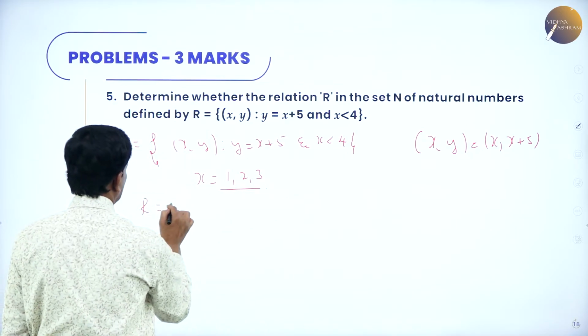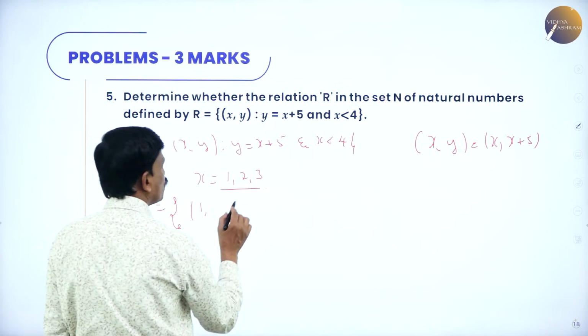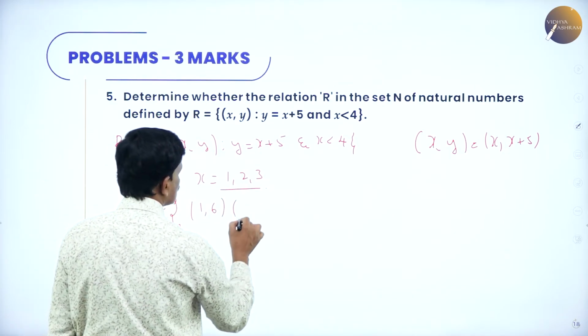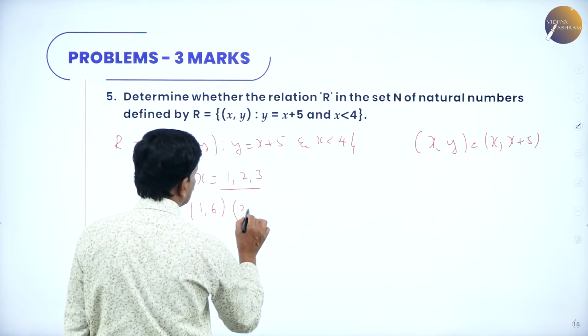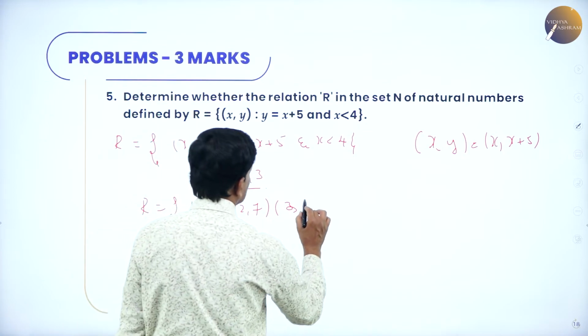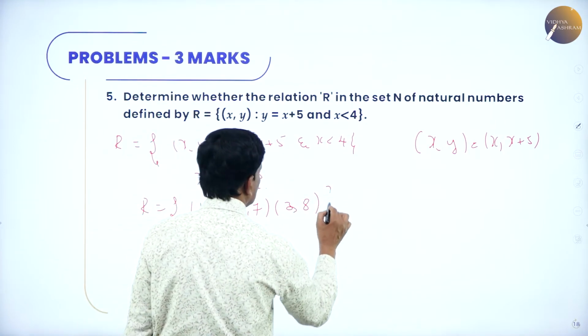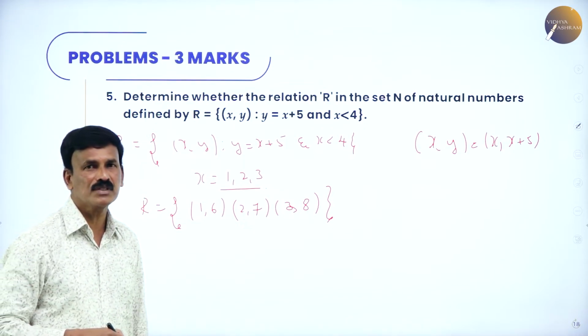So therefore R is equal to, when x is equal to 1, 1 plus 5 is 6. When x is equal to 2, 2 plus 5 is 7. When x is equal to 3, 3 plus 5 is equal to 8. So 1 comma 6, 2 comma 7 and 3 comma 8 are the elements of the set.